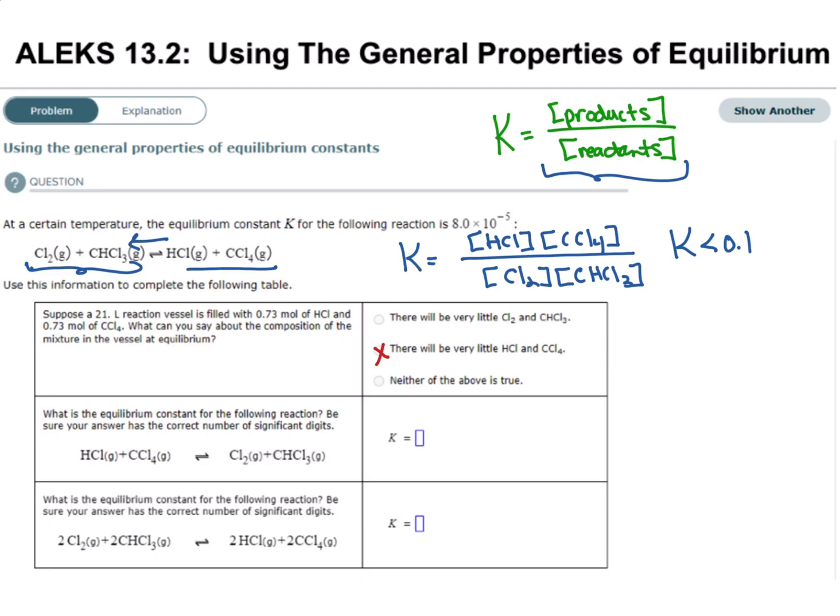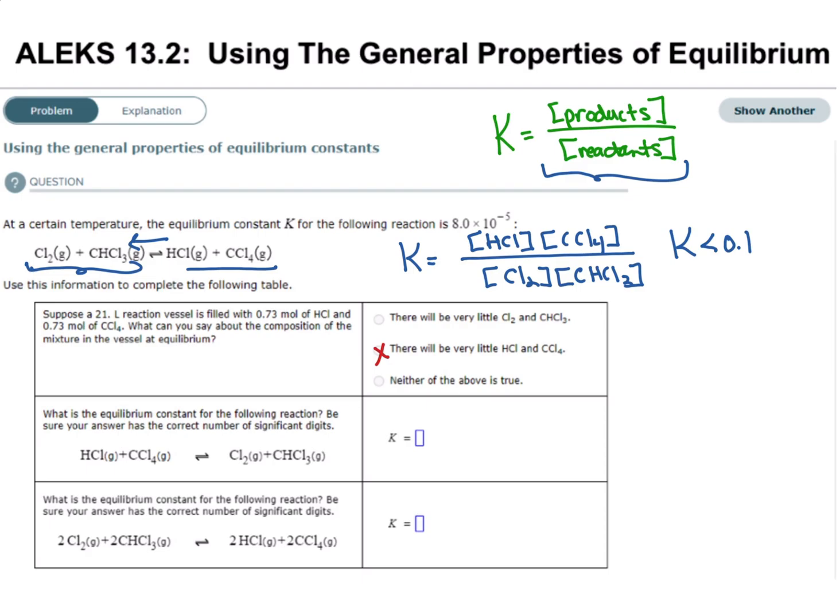Okay, in the next question, they want us to solve for the equilibrium constant of the following reaction. And if we examine this chemical equilibrium, it is actually the flip, the inverse of the given reaction. So in this given reaction, we have Cl2 reacting with CHCl3 to yield HCl and CCl4. The question is asking us about the flip.